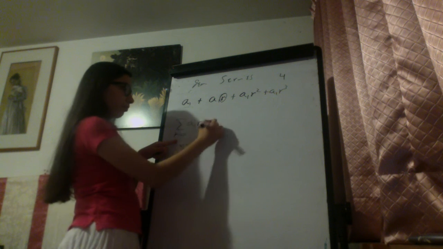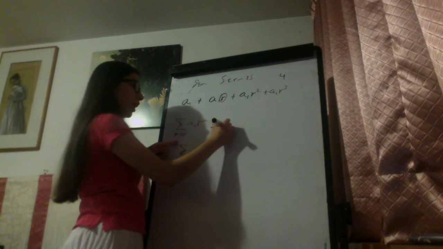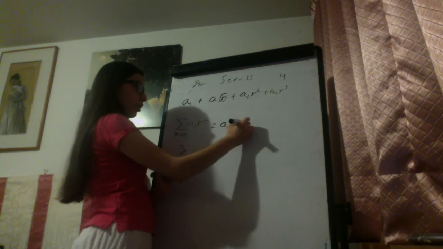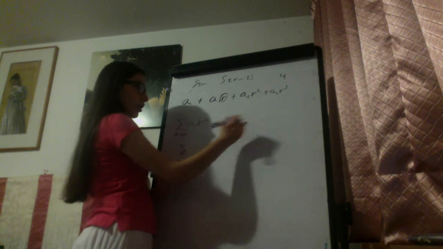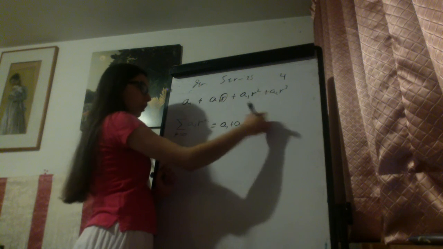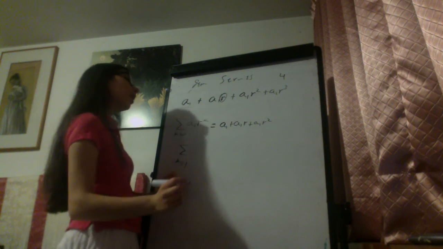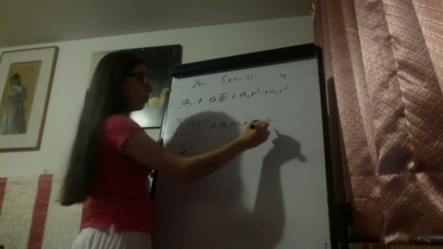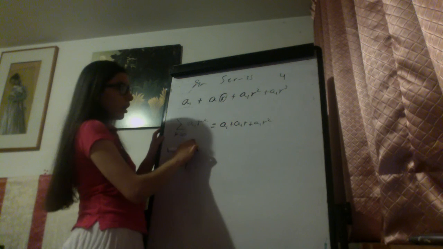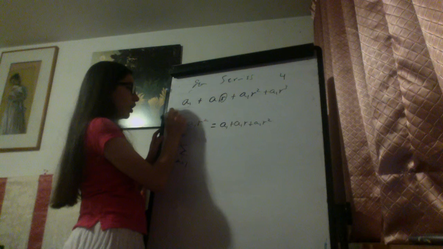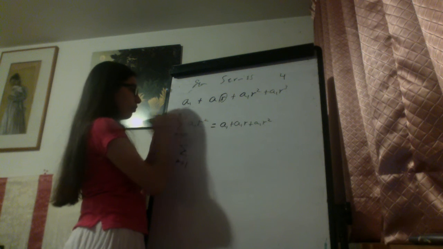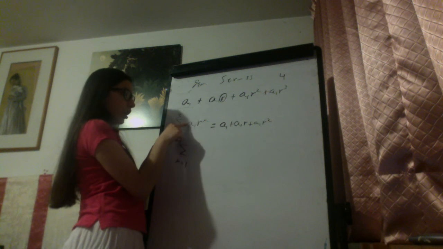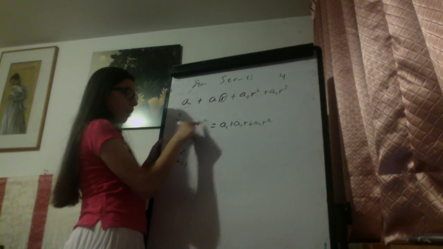So the first one would be a sub 1 r to the 0, which is just 1, the next one is a sub 1 r to the 1, then a sub 1 r squared, etc. Now, if we want to end at r to the 3, that is when k is equal to 3. So here it is from k equals 0 to k equals 3 of the sum of a sub 1 r to the k.